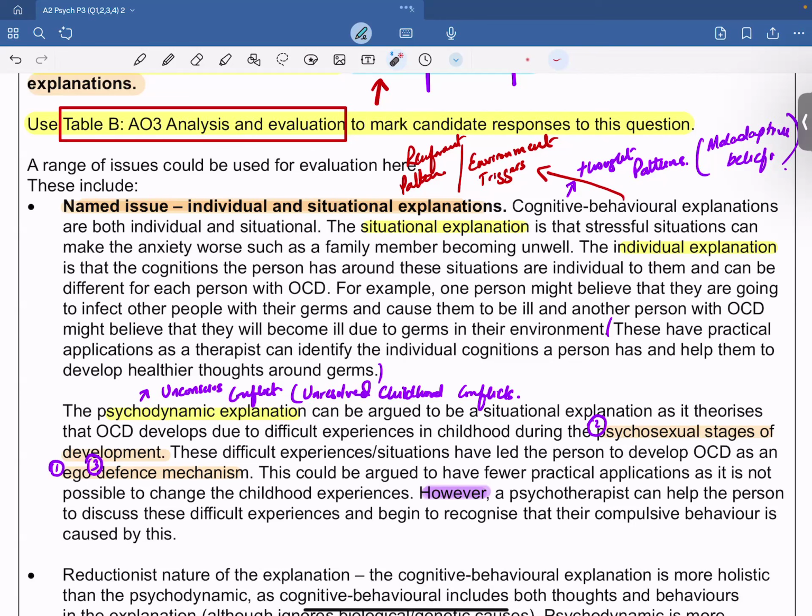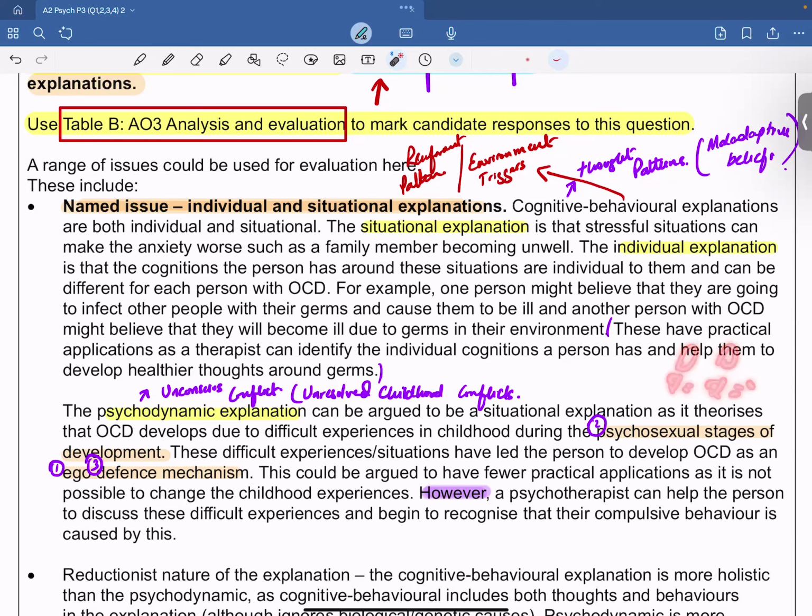On the other hand, if we try evaluating this through the situational explanation, the situational models are pretty practical, but they cannot explain why not all individuals exposed to the same environment develop OCD. Remember what I was trying to explain. There are two individuals, they both went through the same experience, but one developed particular thought patterns and the other one did not.